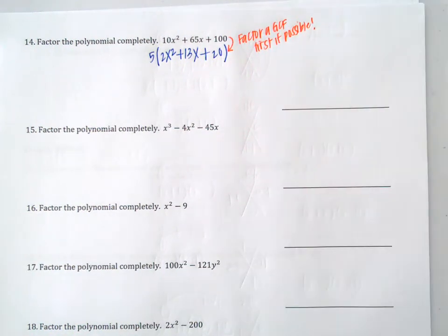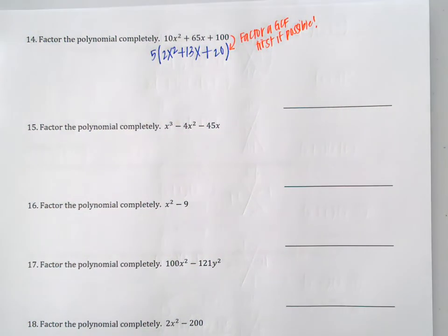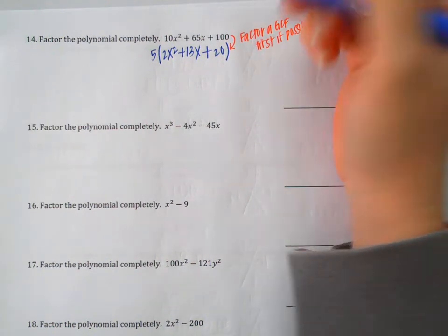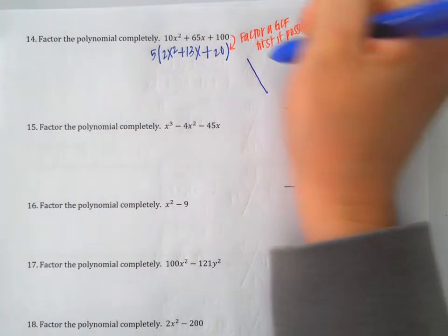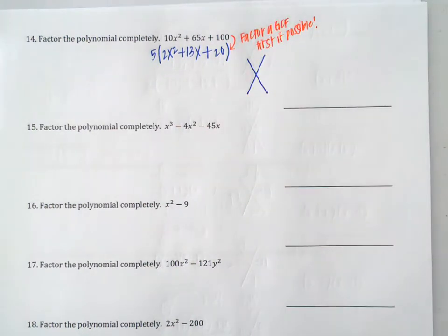The last ones that we did in the last video, that wasn't possible. There wasn't a GCF. But with this one, there was. We could divide and factor out a 5 from every single term. And so now the process becomes a little bit simpler.